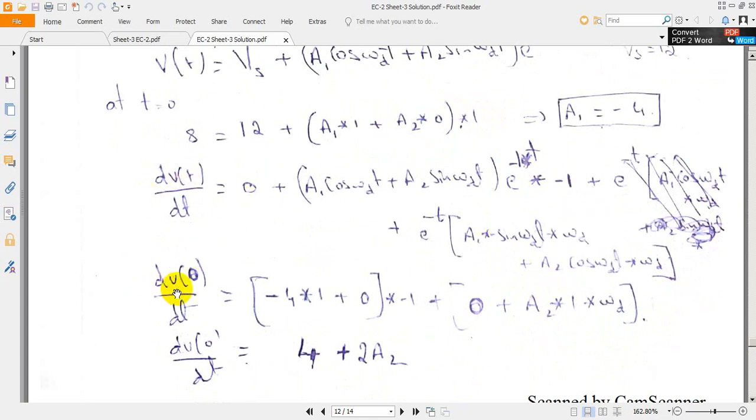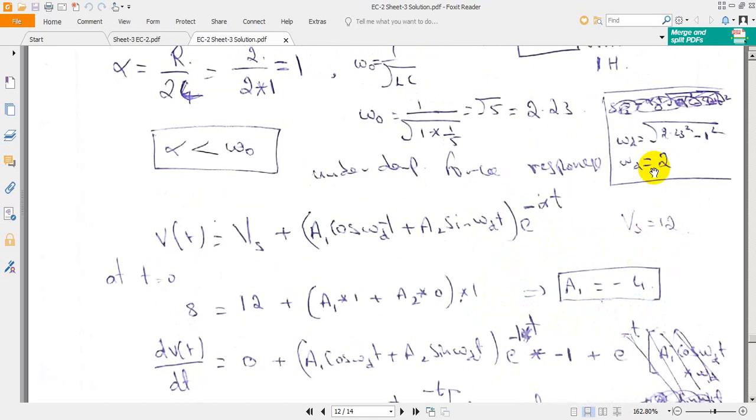If you substitute t is equal to 0, dV naught by dt is equal to, this becomes 0, A1 value we got it as minus 4 into cos 0 is 1 plus A2 into sin 0 is 0 into minus 1 into e power 0 is 1, this whole expression will become 0 plus A2 into cos 0 is 1 into omega d value, omega d is 2.